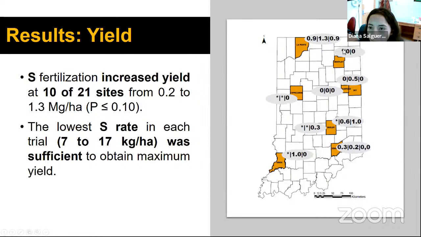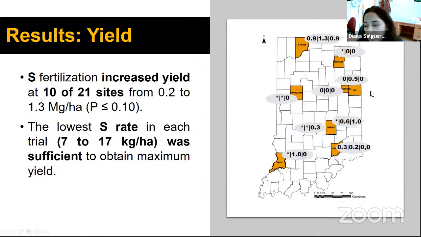Where you see an asterisk, it indicates that we did not have an experiment put out in that year in that specific location. And these zeros stand for the locations where we didn't see any response in yield.